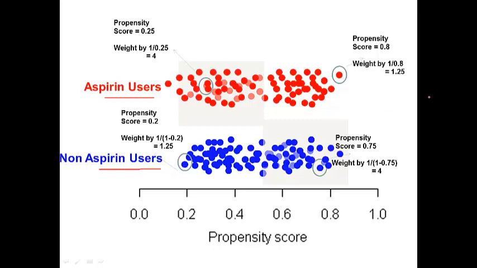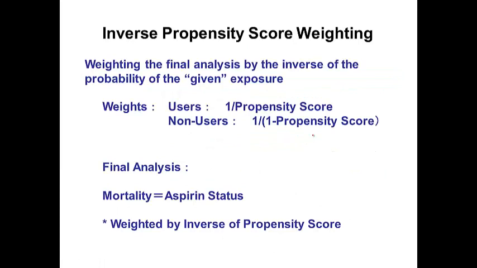By doing this, we now have a similar distribution of propensity score, which reflects patient severity, between the two groups. So the patient severity score, the propensity score, is now similar, and the bias is eliminated. You can directly compare the outcome of mortality between aspirin users and non-users. Therefore, in the final analysis, you don't have to adjust for the propensity score. You just weight the final analysis by the inverse of the propensity score.